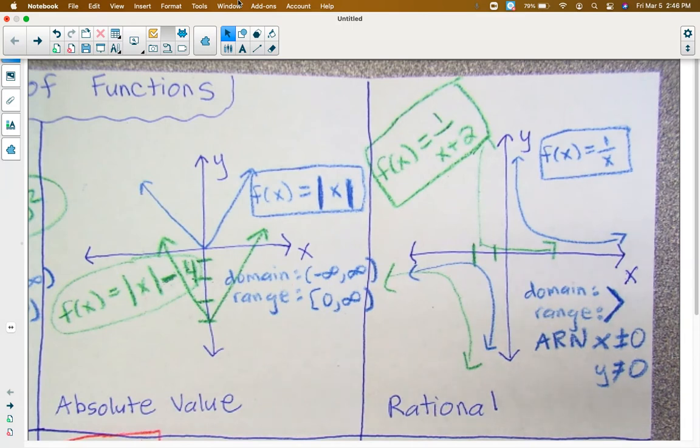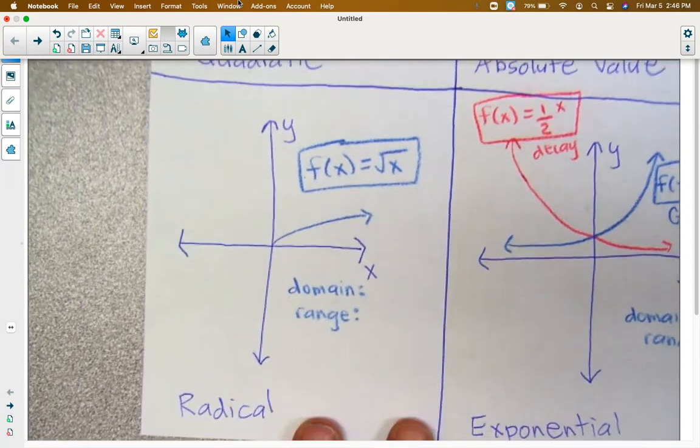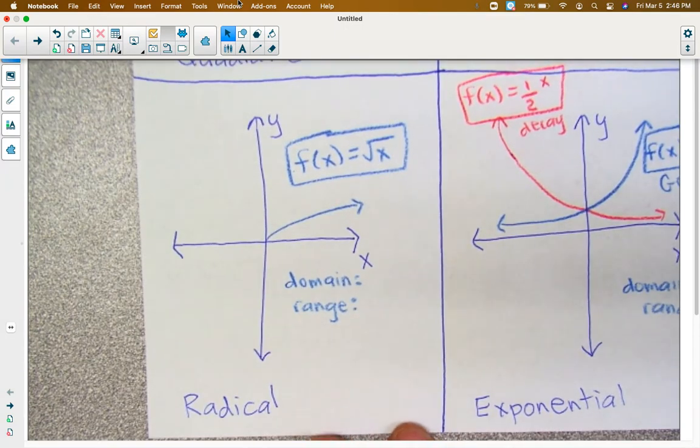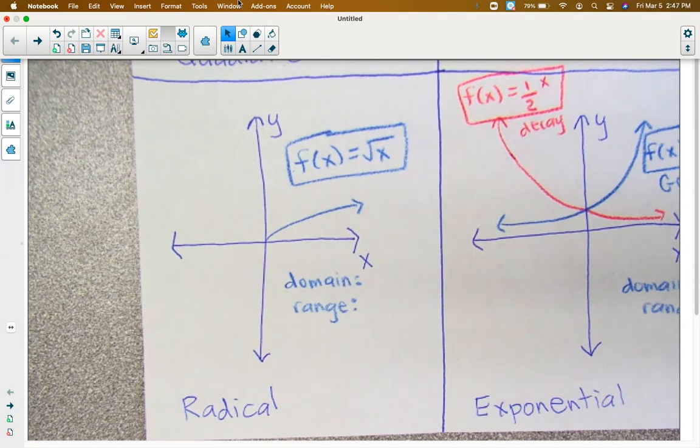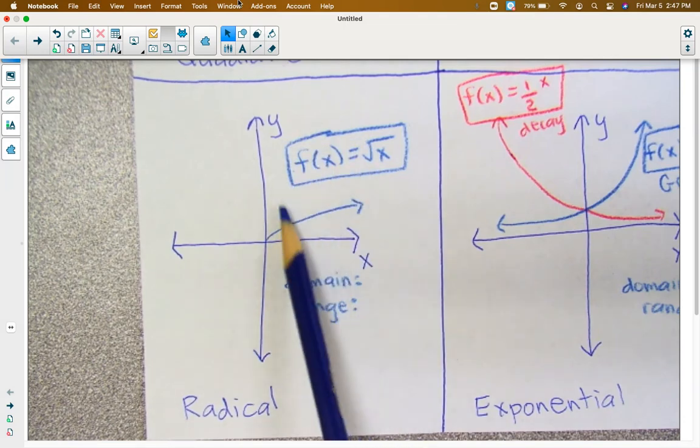All right, 3 more functions we'll take a look at. So we did quadratic, absolute value, rational. Now let's move on and take a look at a radical function. So here's my radical function down here at the bottom. f of x equals the square root of x. This can be a cube root, it could be a 4th root, but right now we're just looking at the square root. Our domain and range is only in the first quadrant for my parent function.